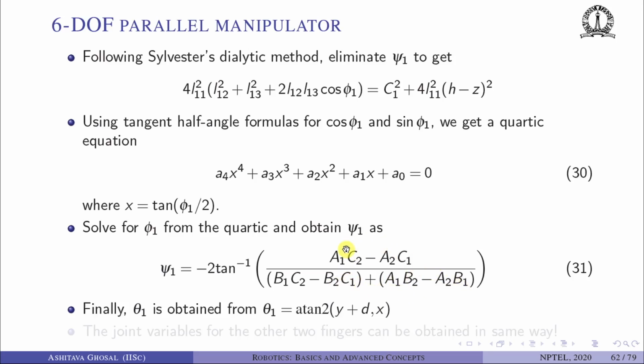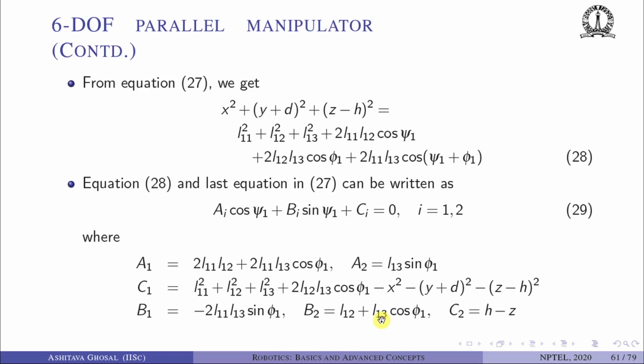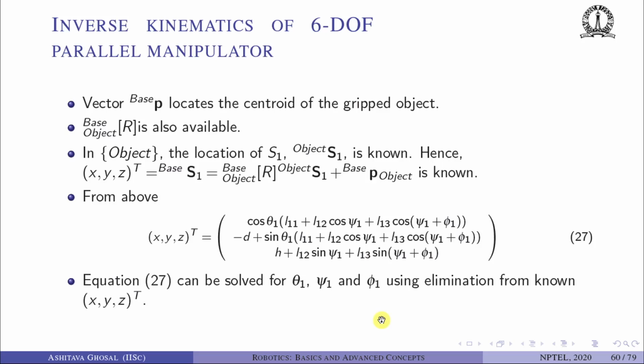Finally, theta 1 can be obtained by atan2 of (y plus d, x). Very simple, because x and y contain theta 1. If you take d to that side, you can manipulate very simply because the quantities in the bracket are the same in both of them.